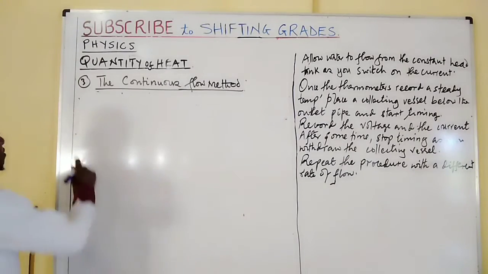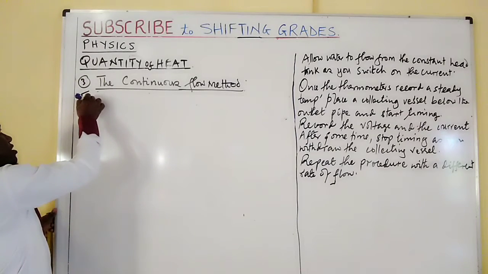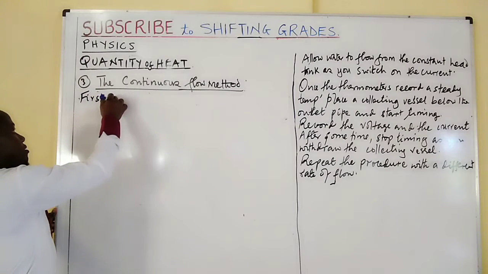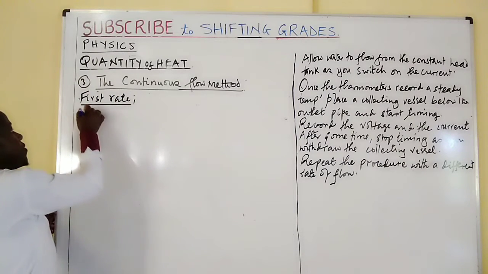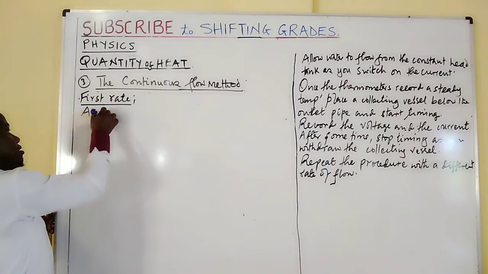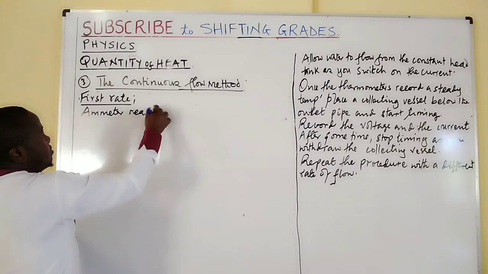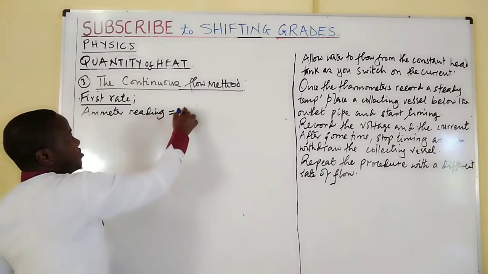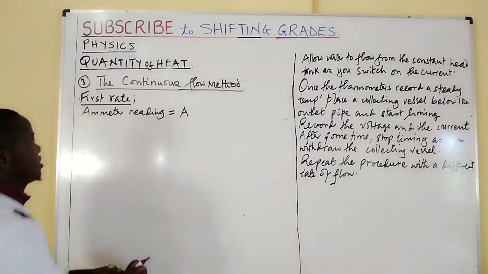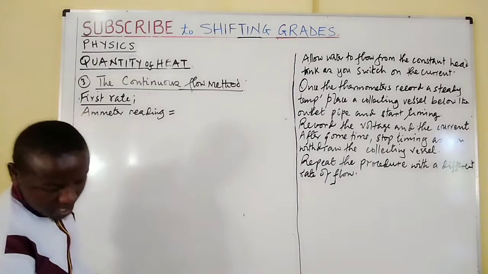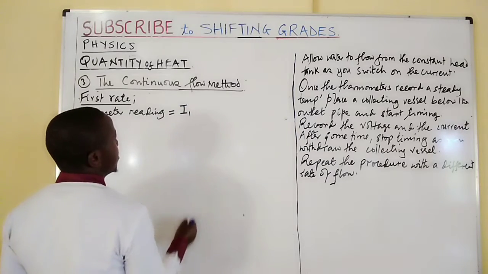For the first rate of flow, we can have the ammeter reading, the current, as A1.